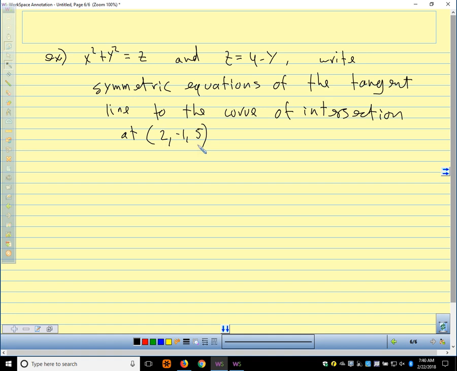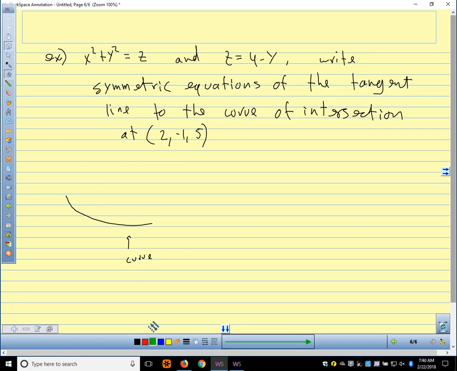Okay, that's a good first step. So we have two surfaces. If we have f of x, y, z equals a constant, del f is going to give us normal vectors to those two surfaces. So here's a curve of intersection, for example.